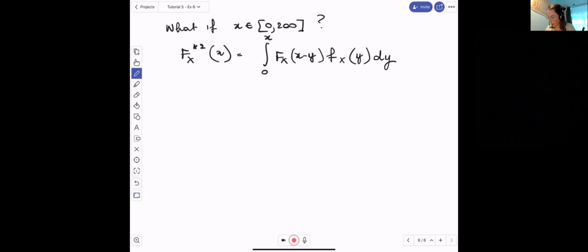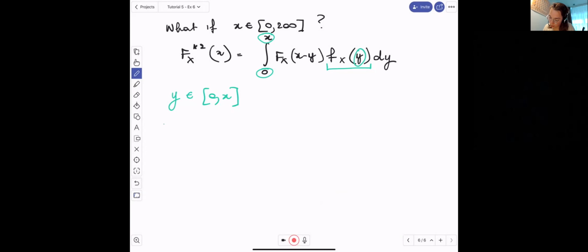What we see is we have our boundaries 0 and x. We don't know the value of x, but we know it's in between 0 and 200. We have here the density function of our uniformly distributed random variable, evaluated in y, where y takes values going from 0 to x. So y will take values in the interval 0 to x, because these are our integration boundaries.